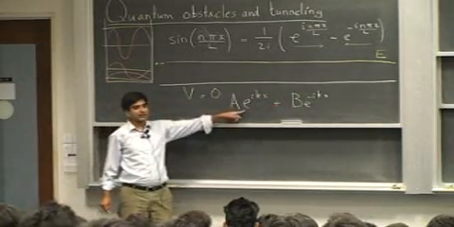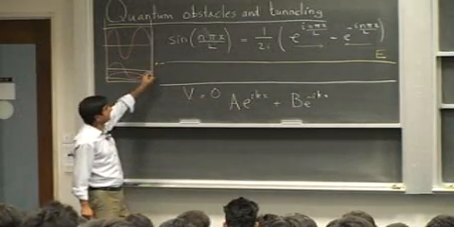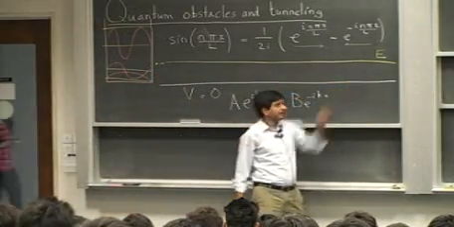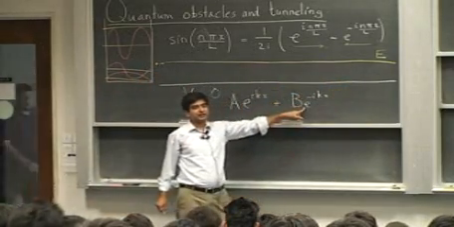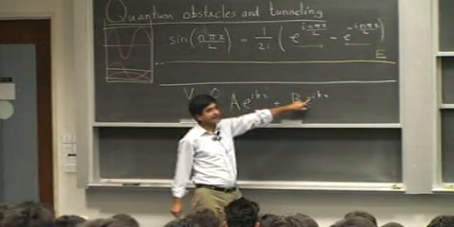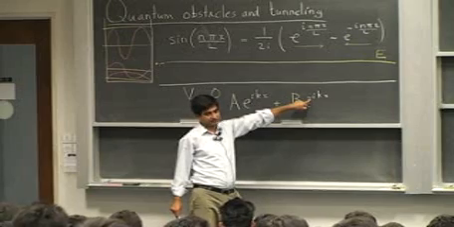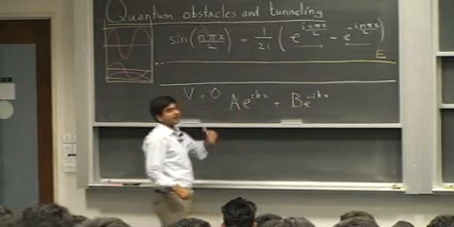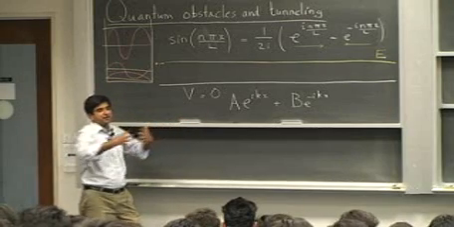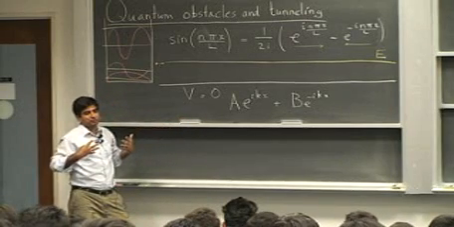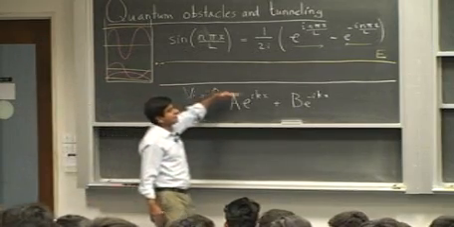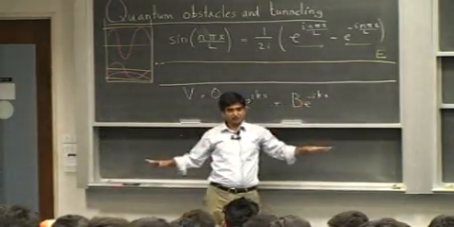But this represents a particle that is propagating from left to right, and this represents a particle that is propagating from right to left, because the sign here is negative. But is there any way that the particle that is thrown from left to right can reverse its direction and come back? No. There's no way that can happen, because the potential energy everywhere is constant.